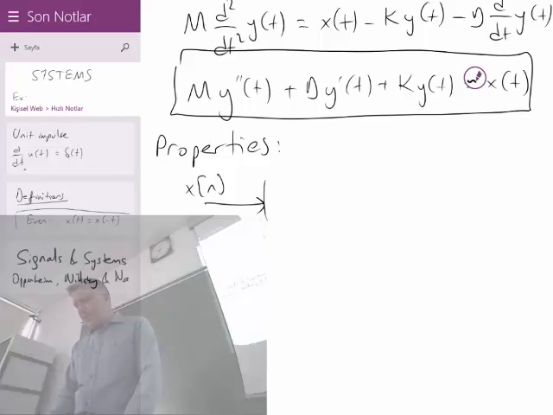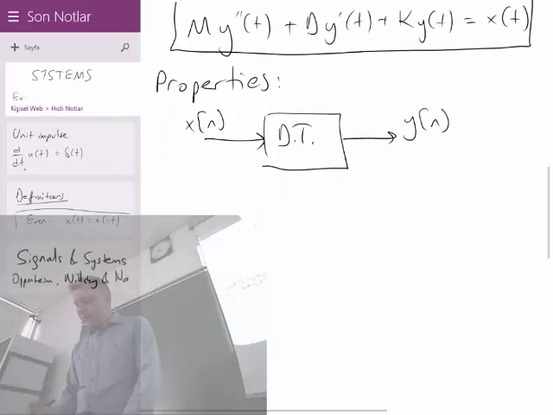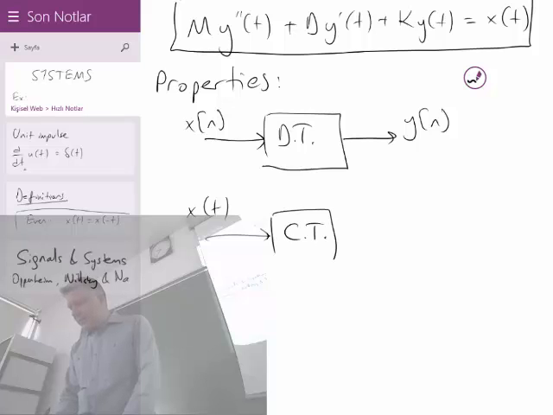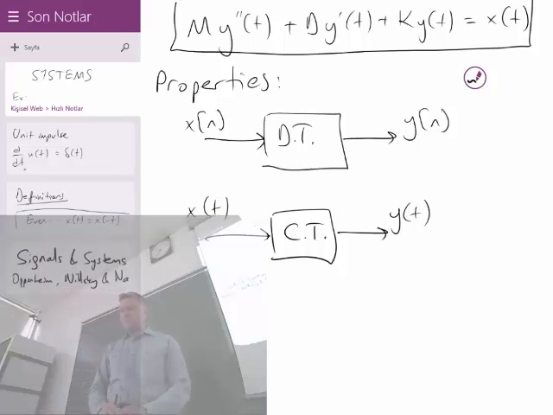The system will be, let's say, discrete time, and the output is y of n. Whereas, of course, if the input is a continuous time signal, we will have a continuous time system, and the output will also be continuous time. This is mathematically correct, at least.